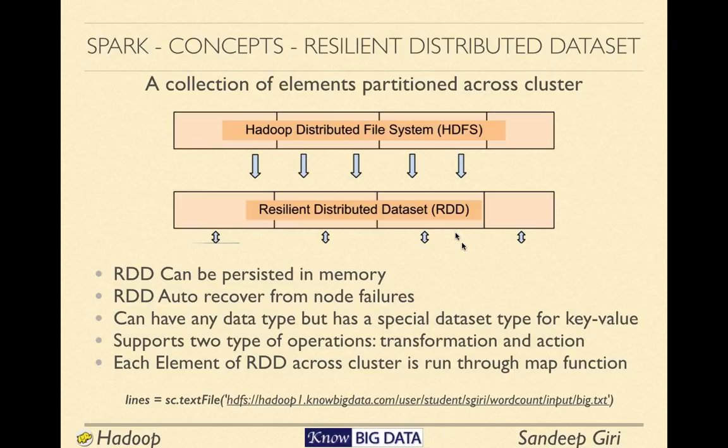In a similar way here, all the operations you can run on a resilient dataset are vaguely categorized into two categories. First are called transformations, others are called actions.